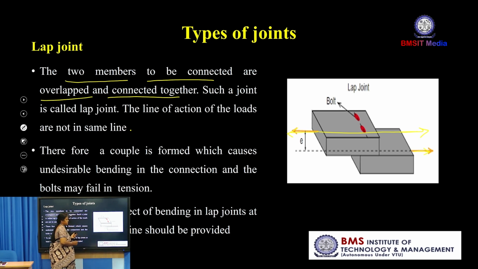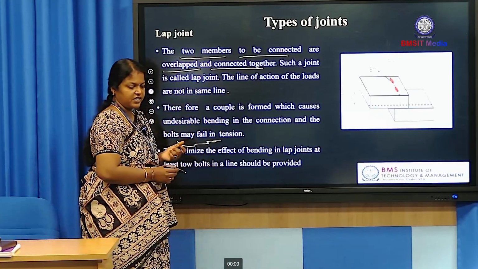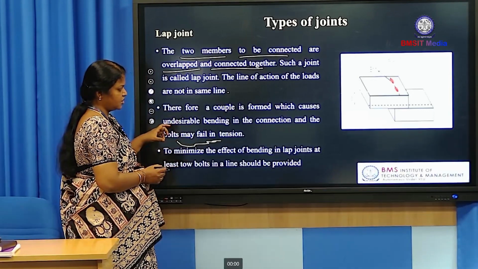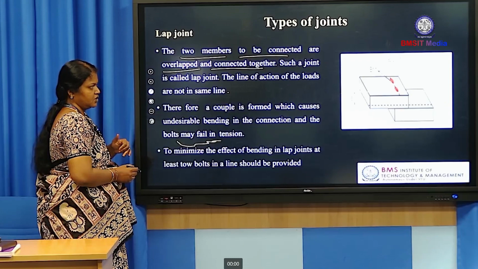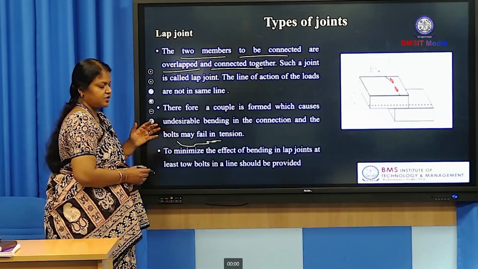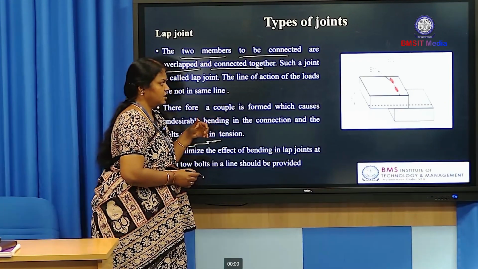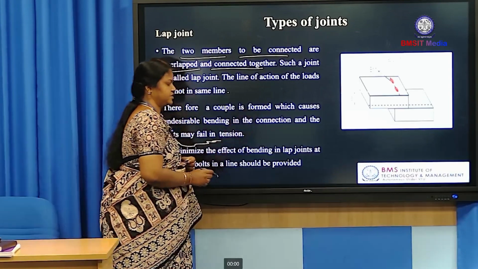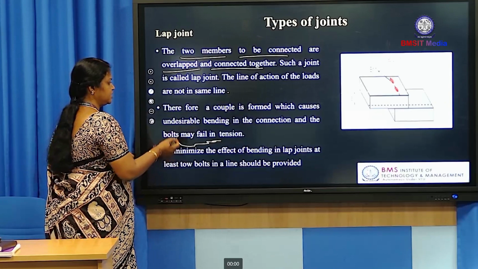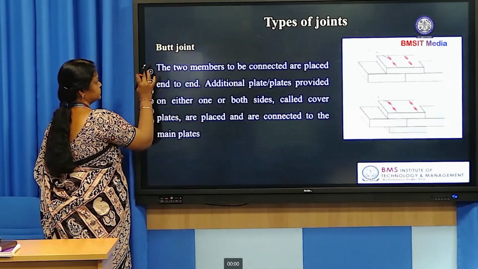The line of action is not on the same line. So, it produces some eccentricity, and due to this eccentricity, bending will happen. How can we avoid this? Instead of providing one bolt, we have to give at least two bolts to connect the plates. Then we can avoid the bending effect.